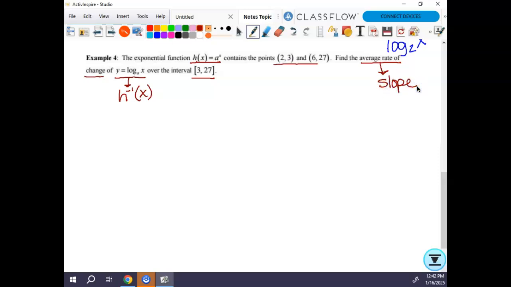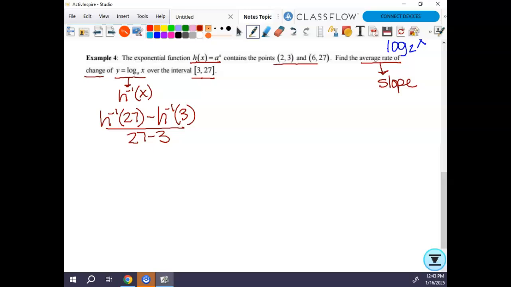Okay? So if I want the slope of h inverse of x over this interval, then that means I'm going to have h inverse of 27 minus h inverse of 3 over 27 minus 3. I should be able to set that up without wondering where anything else comes from.